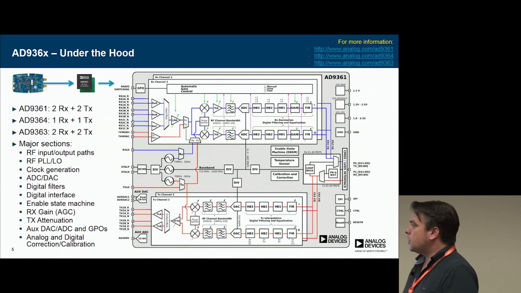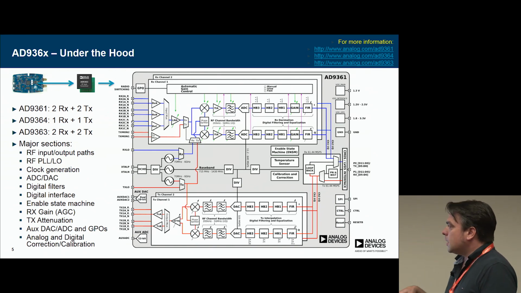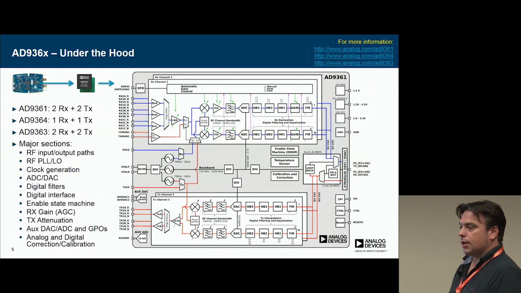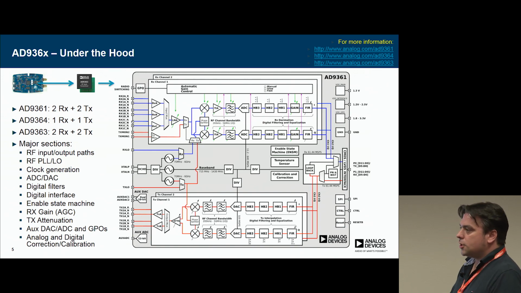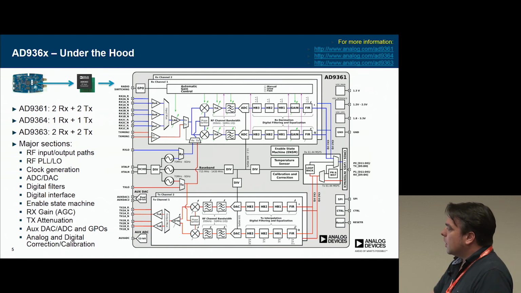The main differences between the 63 and the 61 are a little bit the tuning range and the RF bandwidth. The 63 doesn't have support for external LO. It doesn't have multi-chip sync, and it also doesn't have a tunable reference. Besides that, it's pretty obvious what's inside.